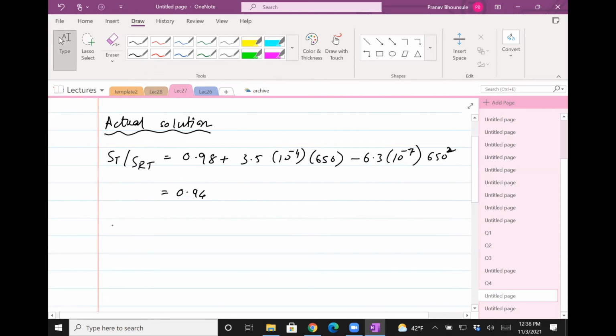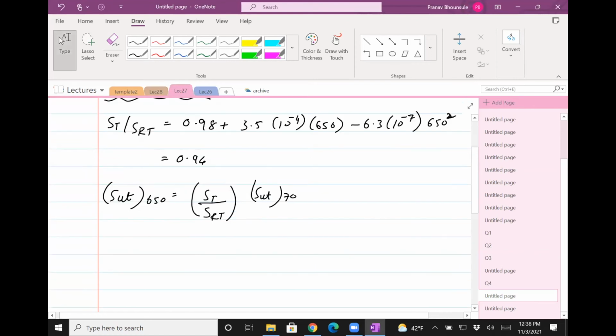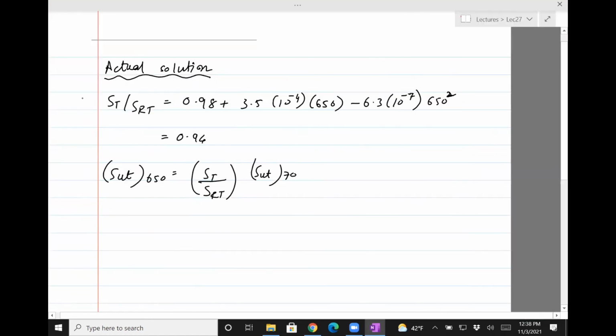So the formula is SUT at 650 is ST divided by SRT, which we found, times SUT at 70 degrees. So SUT at 650 is 0.94 times SUT at 70 degrees, which was given in the question as 112. And so this comes out to be 105.